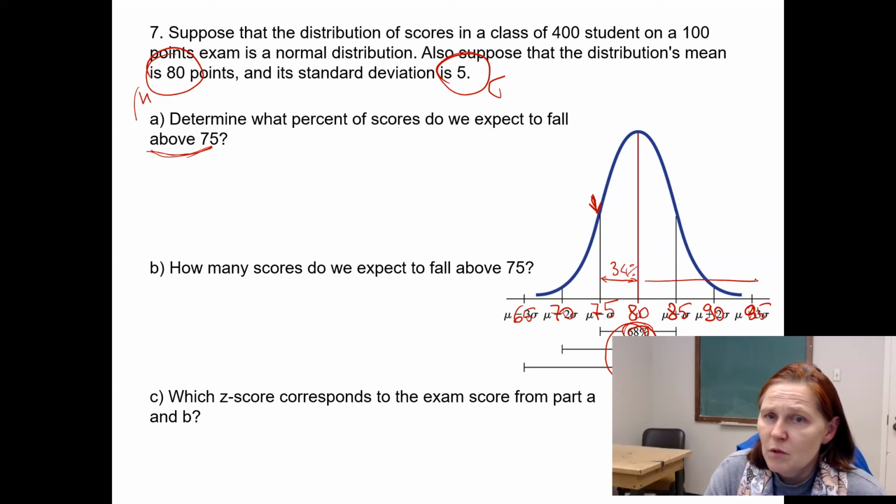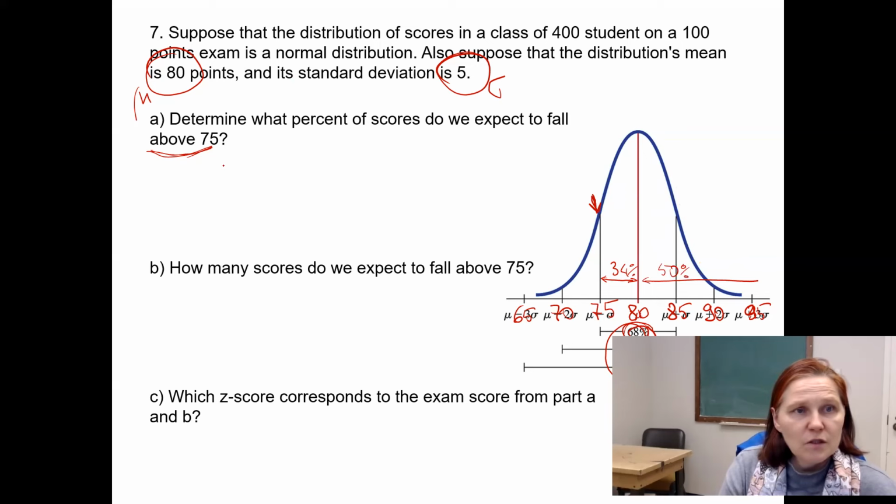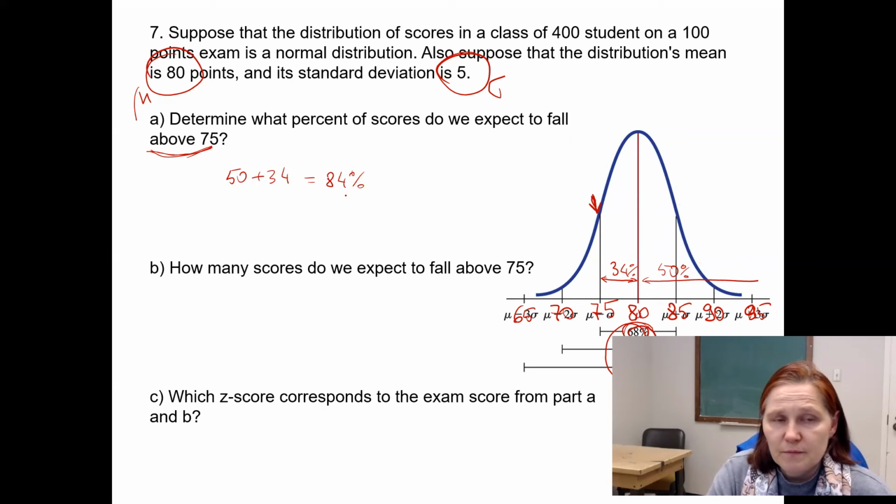And then we have one half of the scores, 50%. So there are 50 plus 34, 84%.